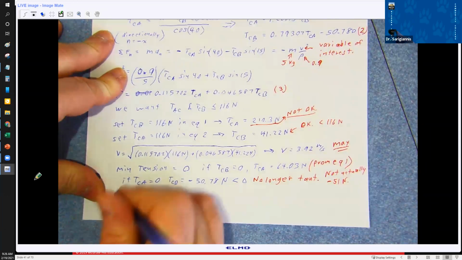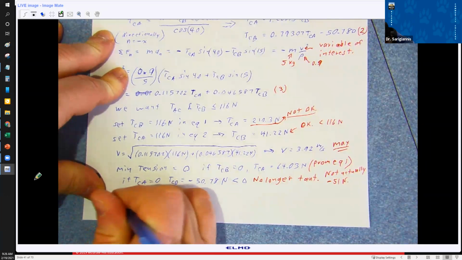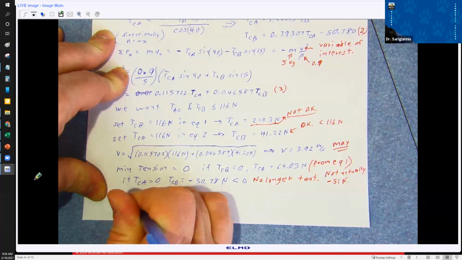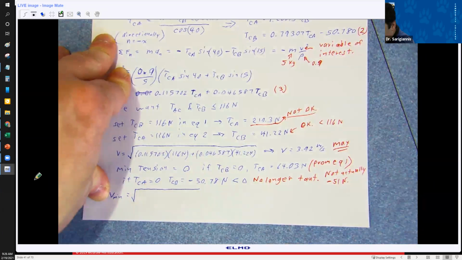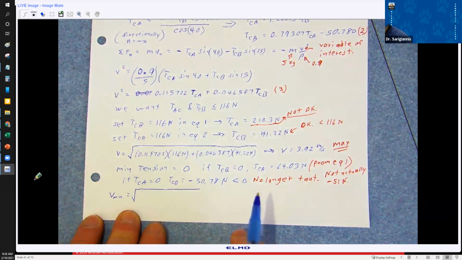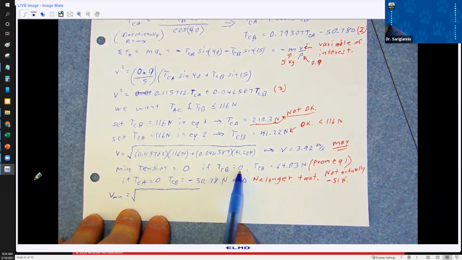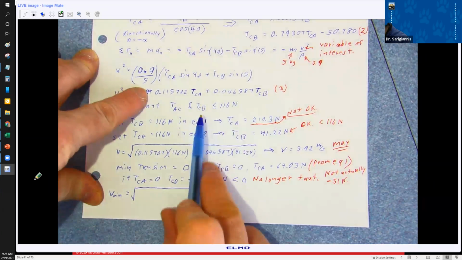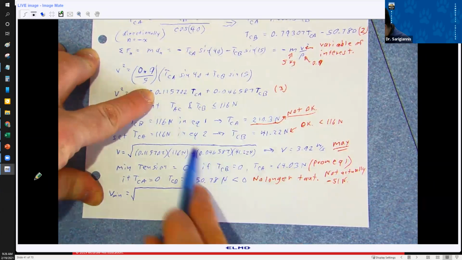All right, so V min, let's write the min this time. In this case, TCB is 0, right? Which one was that? That was over here. So we're going to have 64.03 times this coefficient.